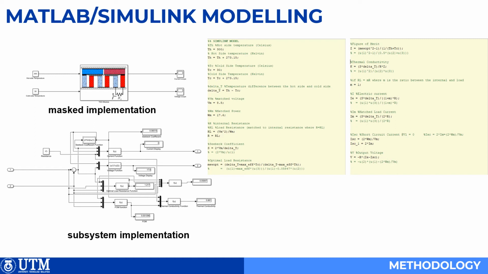After we insert the value of temperature difference based on the manufacturer datasheet, the parameters of the TEG module can be obtained. The model parameters consist of Seebeck coefficient, resistance, thermal conductivity, and figure of merit. On the right side of the figure are the derivation equations for each parameter using commands in the MATLAB libraries.